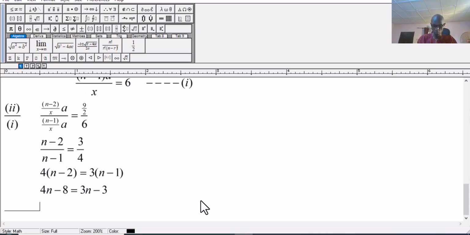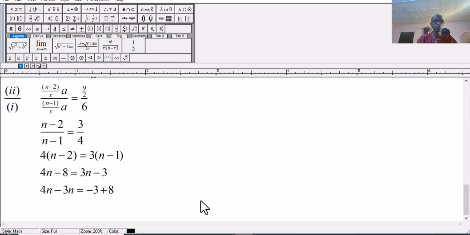So that would be n. Okay, let me bring it up. 4n minus 3n is equals to minus 3 plus 8. So this gives us n equals to 5. So we have gotten the value for our n.